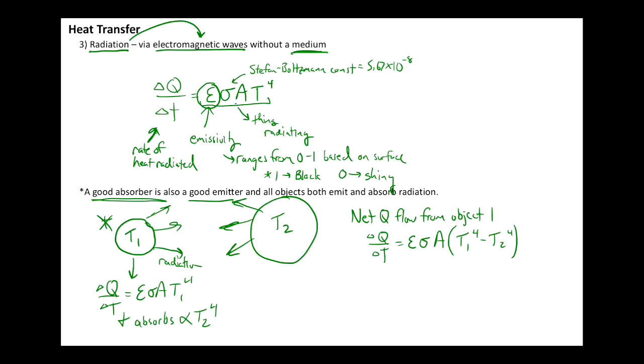Thus the subtraction here, where we essentially have both of those, a delta Q, delta T, for putting out energy and receiving energy to get the net energy flow for T1, or for object 1, based on its proximity to another object, object 2. And of course, you could flip that around backwards and talk about object 2 and just write it exactly in reverse, okay? T2 to the fourth minus T1 to the fourth, okay?